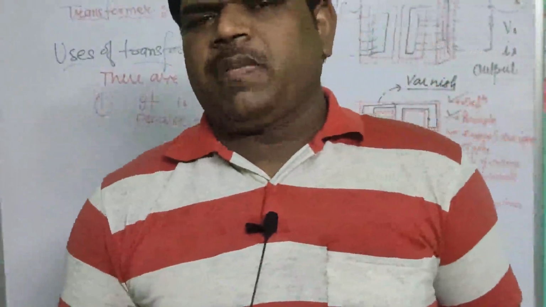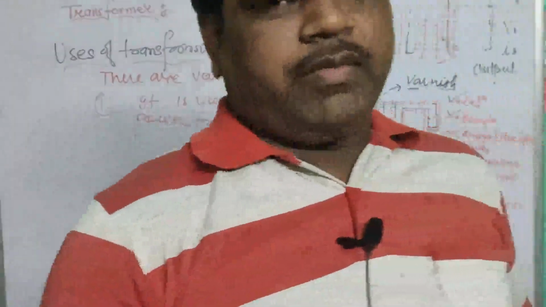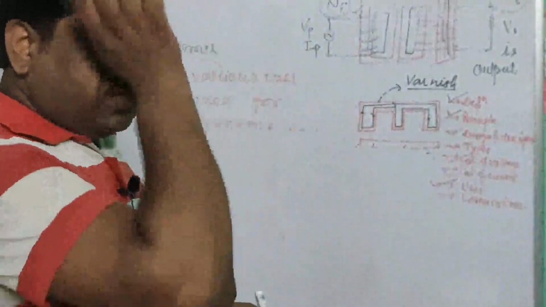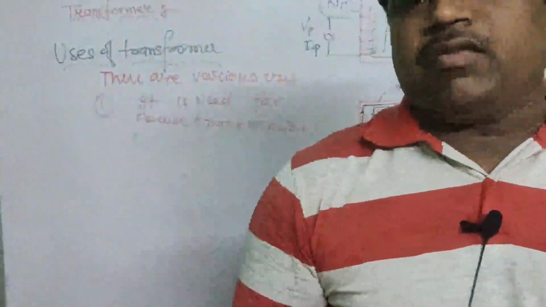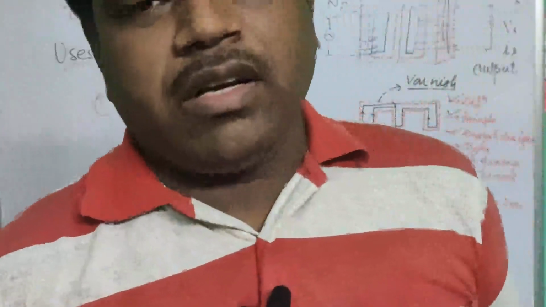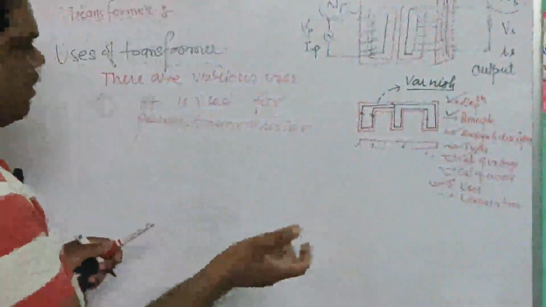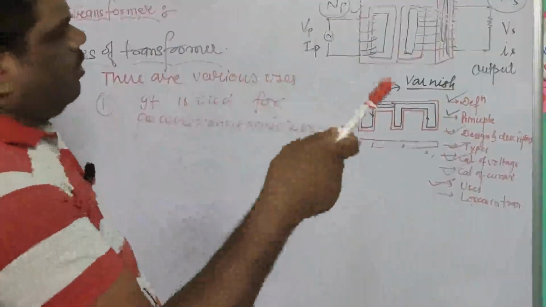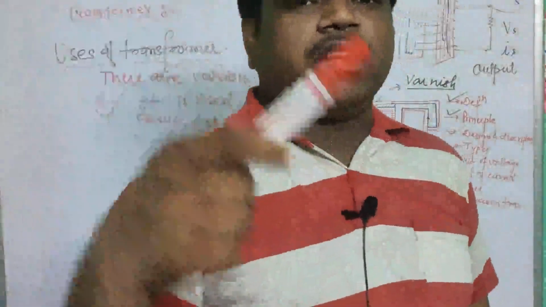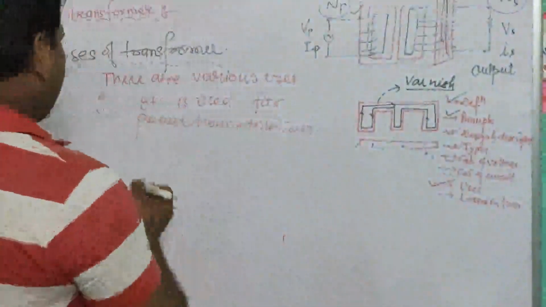There must be some loss in the form of heat, just like there is no engine whose efficiency is 100%. In the same way, no transformer has 100% efficiency. So there may be losses, but while transmitting power through a step-up transformer, we can minimize the loss of energy in the form of heat.